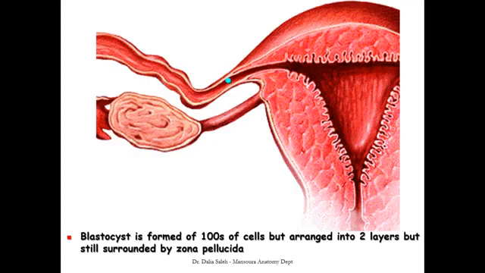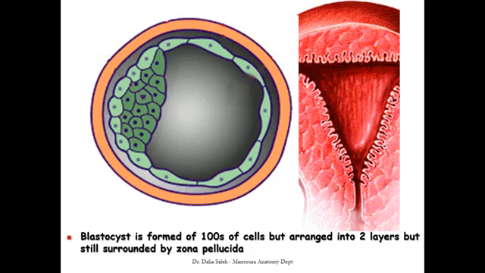By the time the blastocyst arrives to the uterus, it's formed of hundreds of cells arranged into two layers. The outer layer is called the trophoblastic layer, the flat cell layer here, and this aggregation of cells is called the inner cell mass, and still they lie within the zona pellucida.